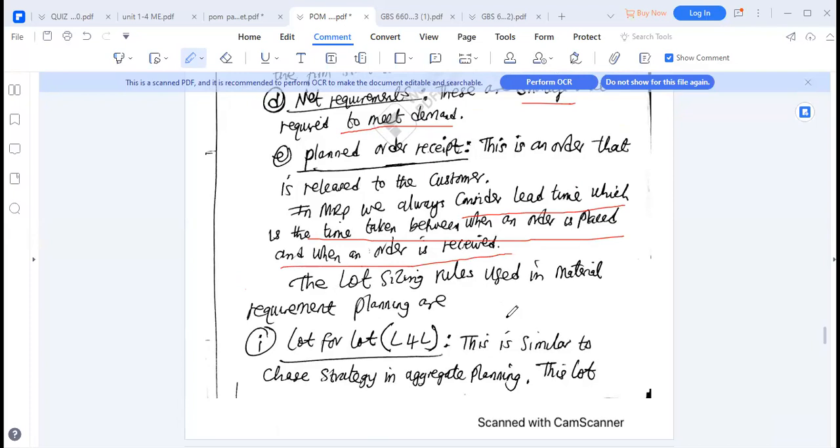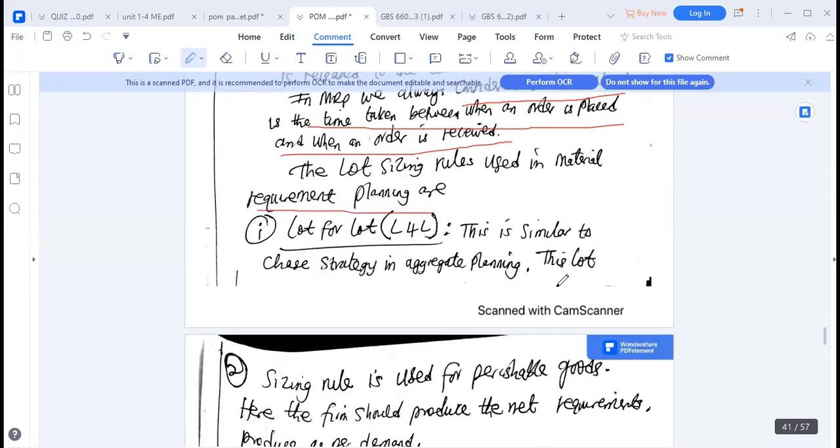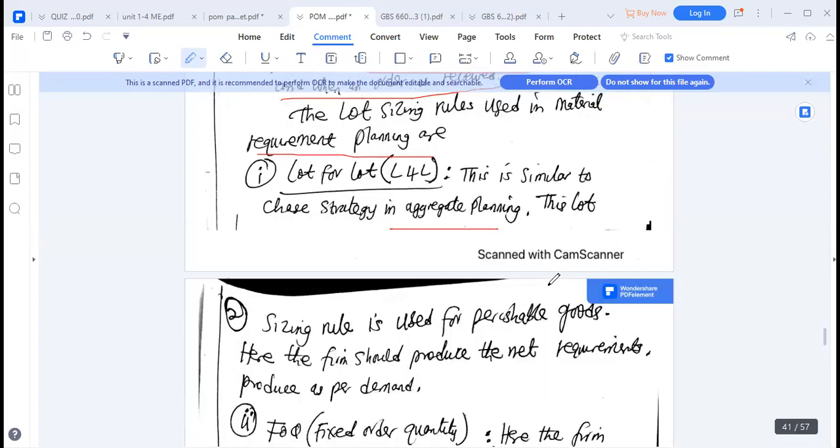Now, the lot sizing rules used in material requirement planning: the first one, lot for lot. This is similar to the chase strategy in aggregate planning. It is used for perishable goods. You can't order more than what is required because tomatoes may go bad. So here the firm should produce the net requirements, or the shortage, so they produce as per demand.